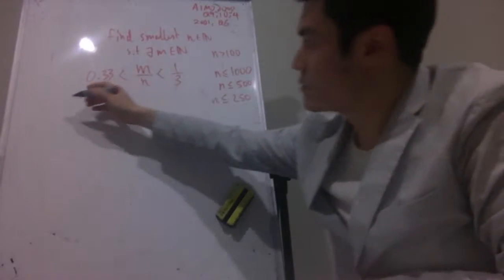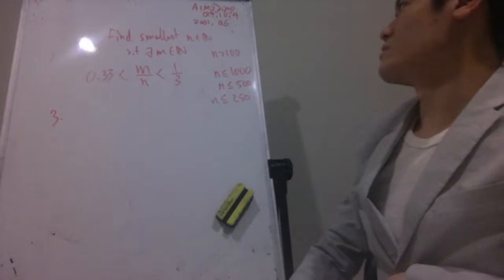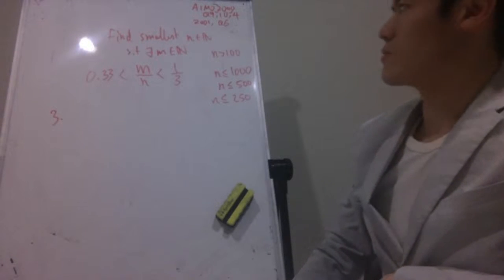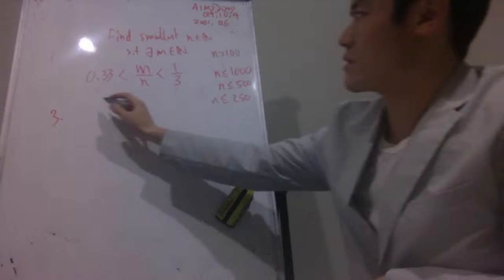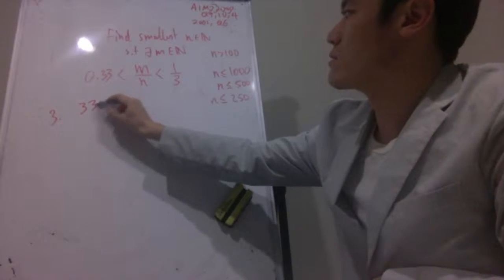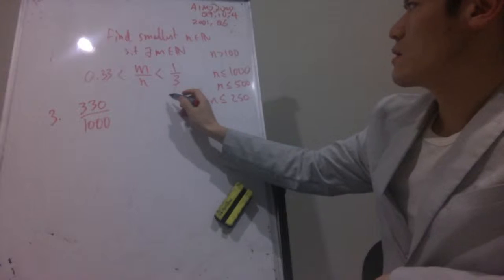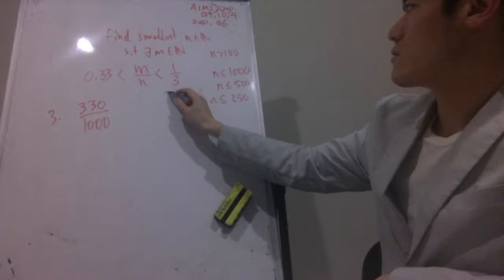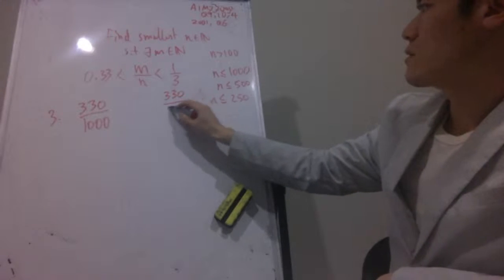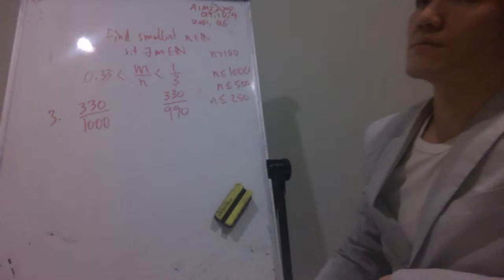Okay, the third thing I did was, I said, well, let's try to find some more stuff, come up with some new ideas. One of the ideas I had was, this is 330 over 1,000, right? And this is 330 over 990, right?